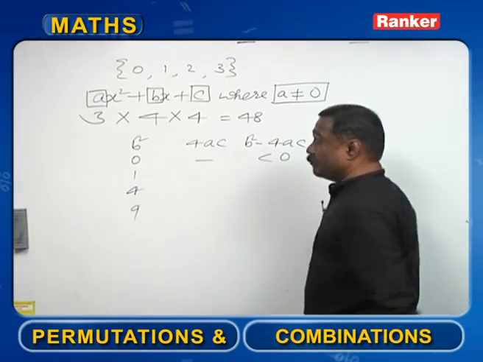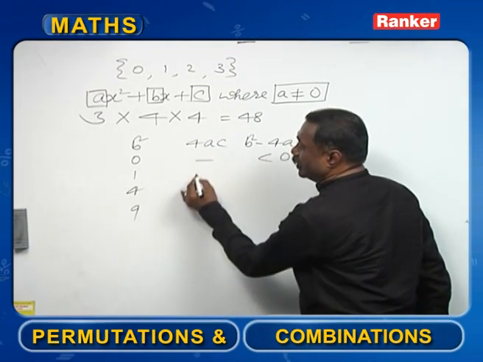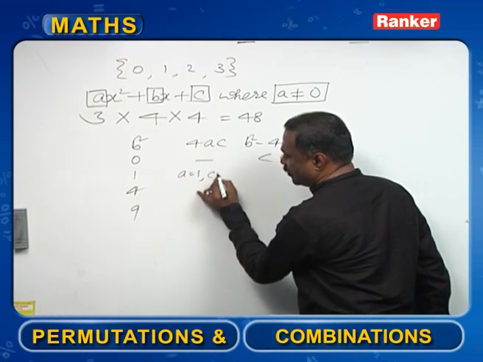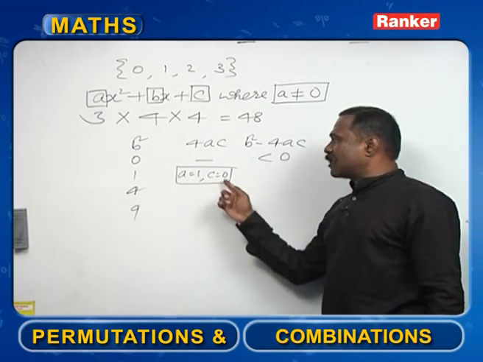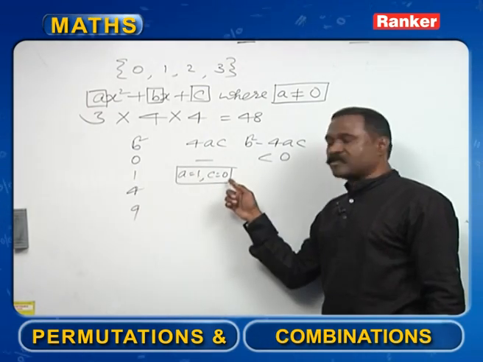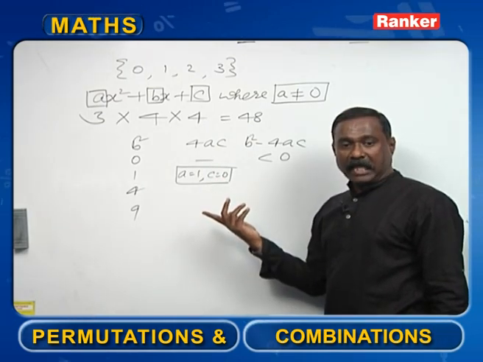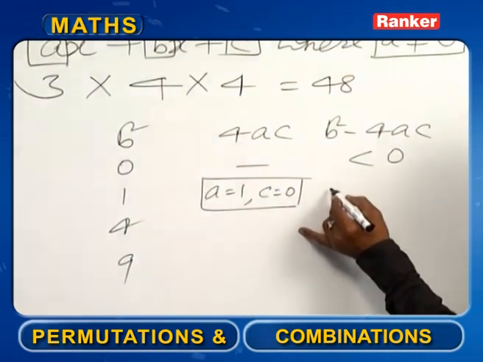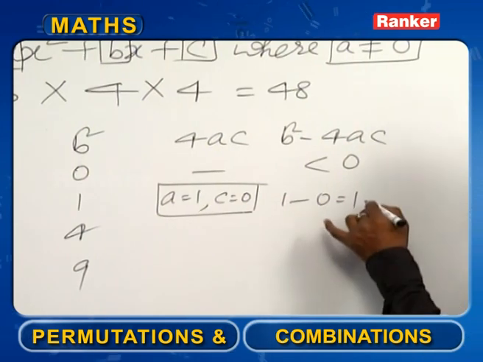For b square 1, you must have either a 1 and c 0. If a is 1 and c is 0, what happens? It is 1 minus 0, it is 1. It is not equal to 0.